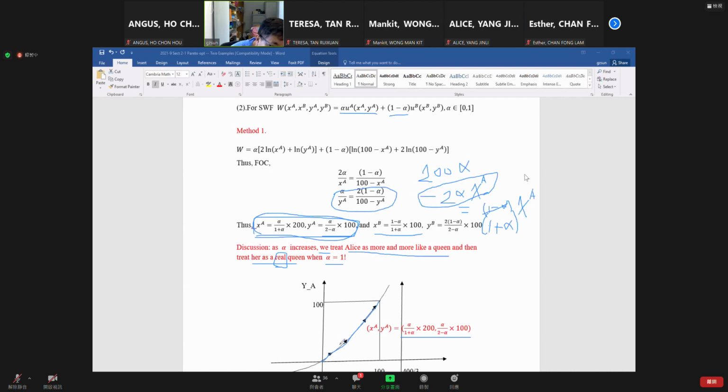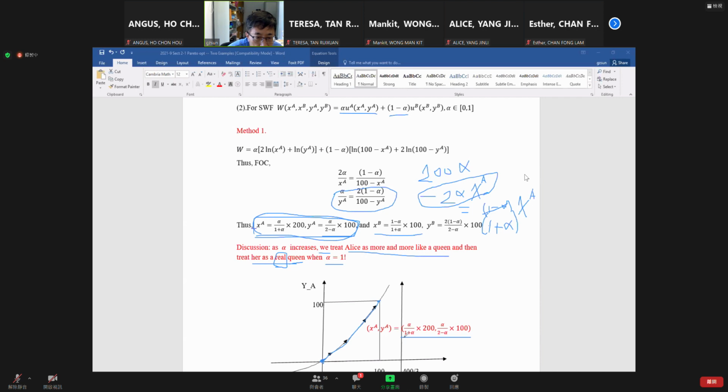When we increase alpha from 0, x equals 0, this one equals 0, this one equals 0, we are starting here, okay? We treat Bob as the real king, Alice as nobody. When we increase alpha, Alice becomes more and more important. So she will receive more and more until here, she becomes the real queen. She controls everything. Okay, so for different alpha, we have different solutions.